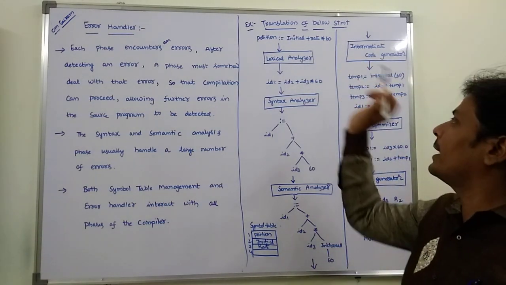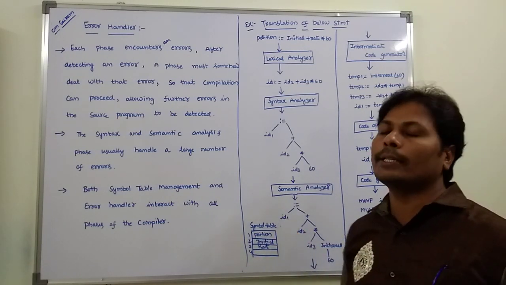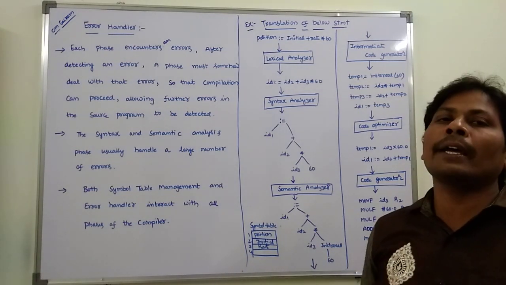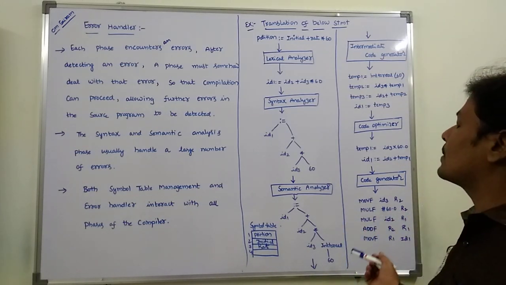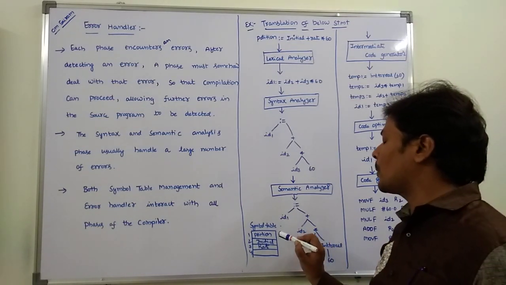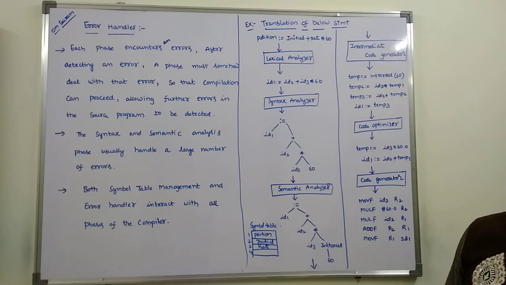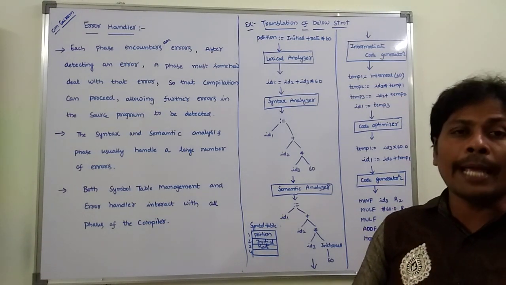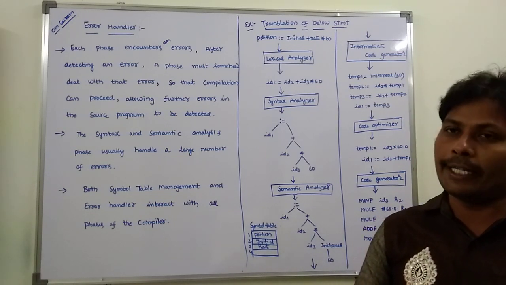Now, whatever the identifiers are there, these identifiers are stored in the symbol table as a record. Okay, so each and every identifier has some number of attributes. These attributes information is also stored in the fields for each and every identifier. What are the attributes for each and every identifier? It's a type, it's a scope, and storage allocated for an identifier.